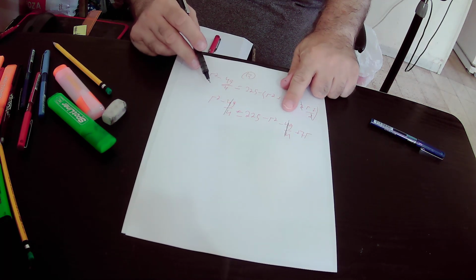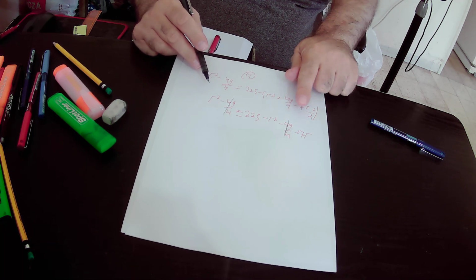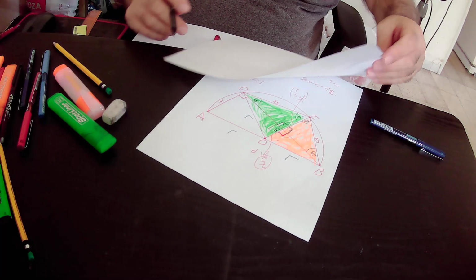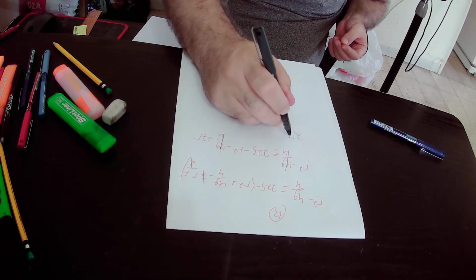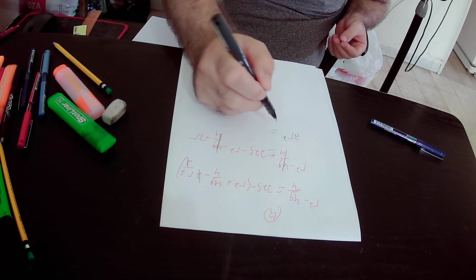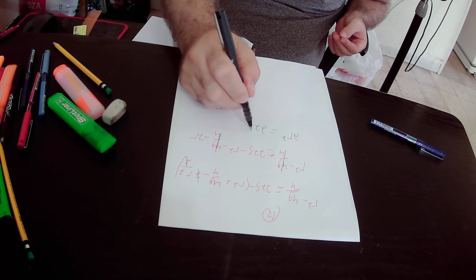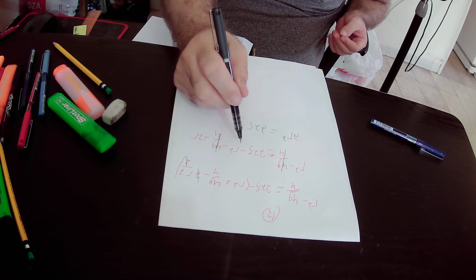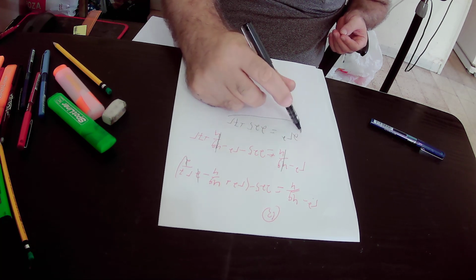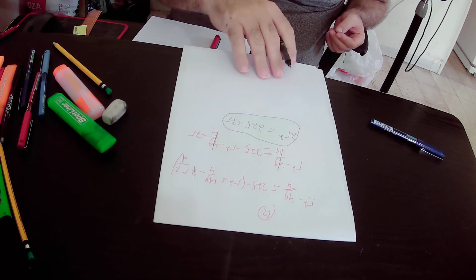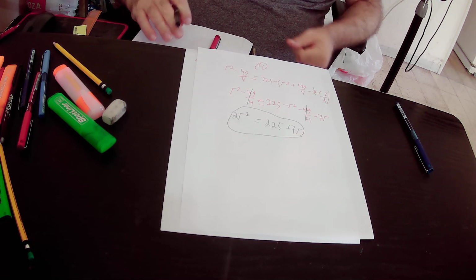Here we will add R squared to this equality, and we get that R squared plus R squared equals 2R squared, equals 225 minus R squared plus R squared, which is 0, plus 7R. So in total we got this equality that states that 2R squared equals 225 plus 7R.